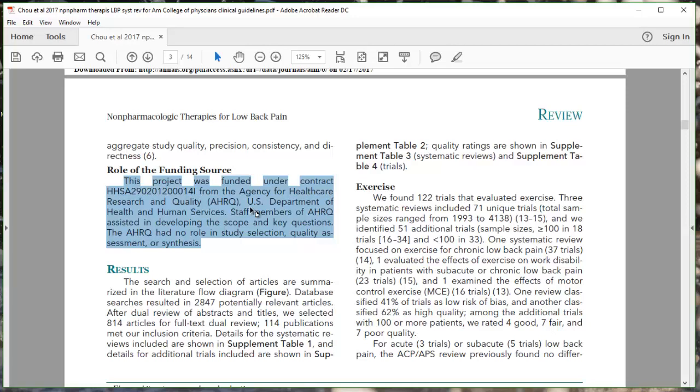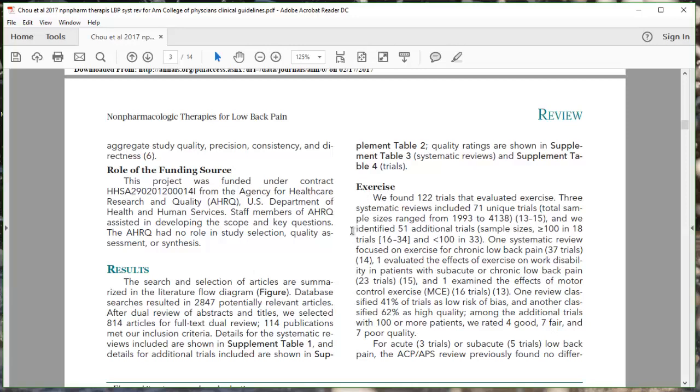So it doesn't necessarily mean that there's bias, but for example, if this research review was a review on a specific medical device and the funding was provided by the medical device company, you just want to look at that and say, is there anything about the inclusion criteria of studies that might affect what I'm seeing here? So that's how you want to use the funder information.